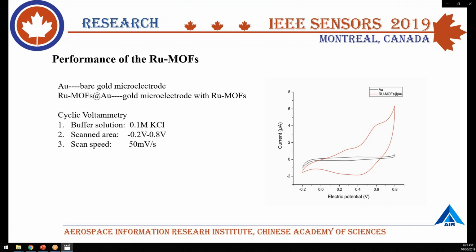The current response of the Ru-MOFs electrode was larger than the gold electrode, which indicated that Ru-MOFs on the surface of the gold electrode significantly improve the electrochemical activity of the electrode surface.